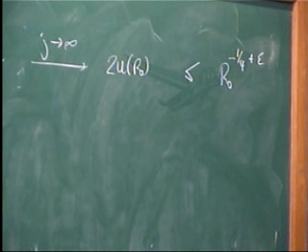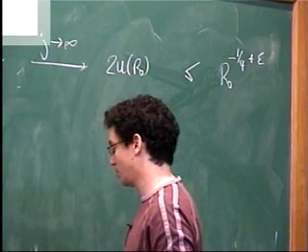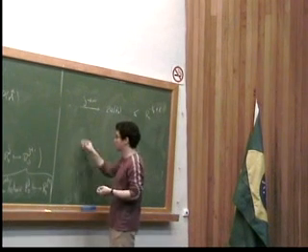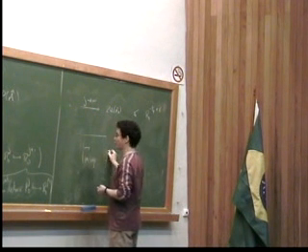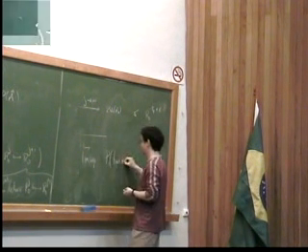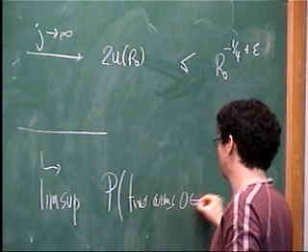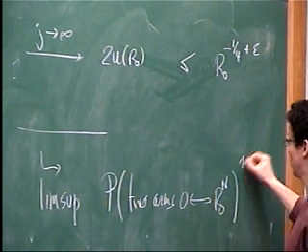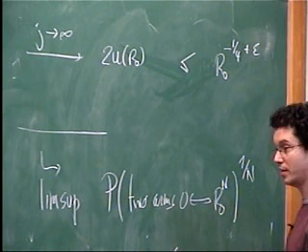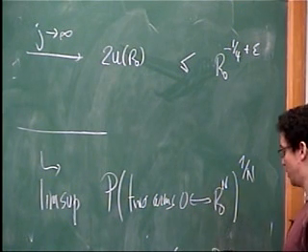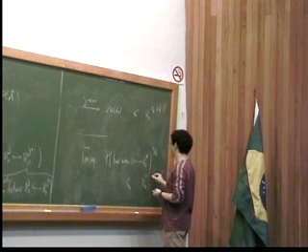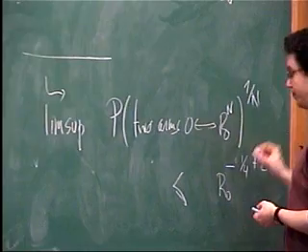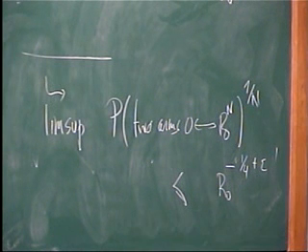You fix epsilon, then you choose R0 such that this holds, and therefore the limsup of the probability of having 2 arms from 0 to R0 to the n, to the power 1 over n, will be smaller than R0 to the minus 1/4 plus epsilon. So it's exactly as before. Then you conclude exactly in the same way as before.